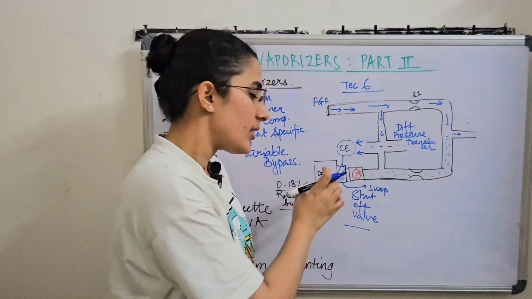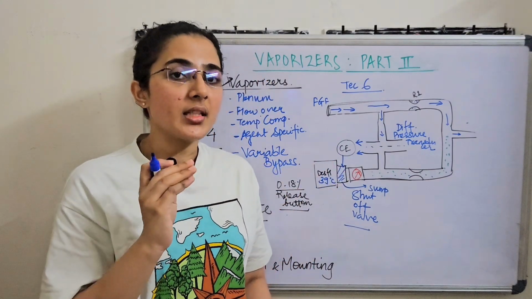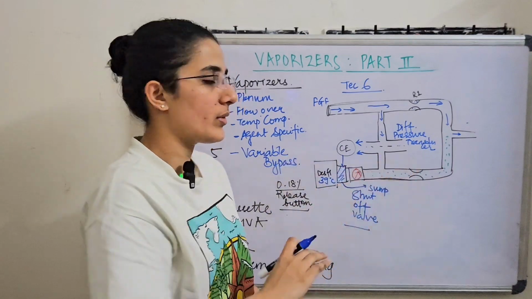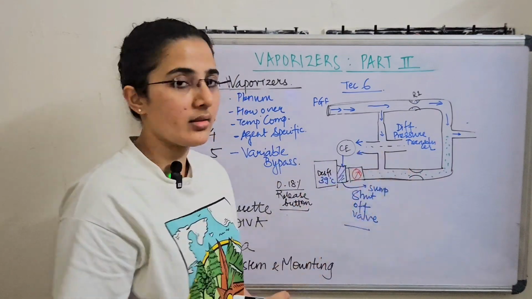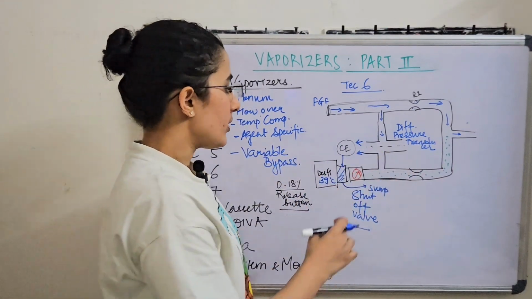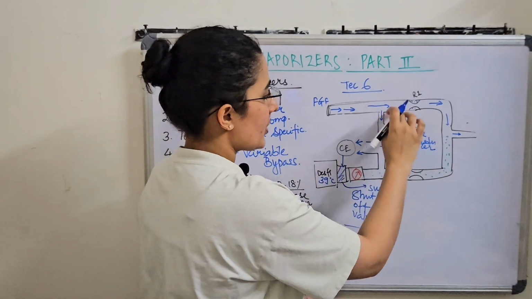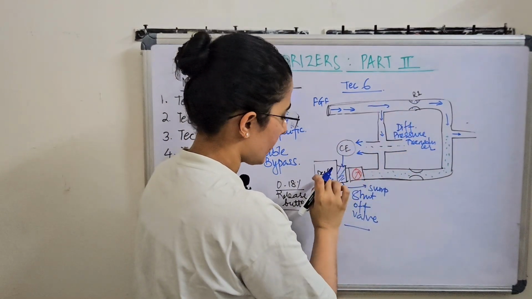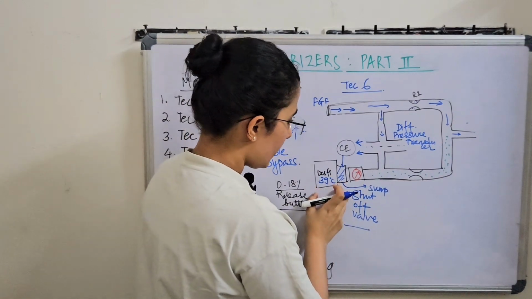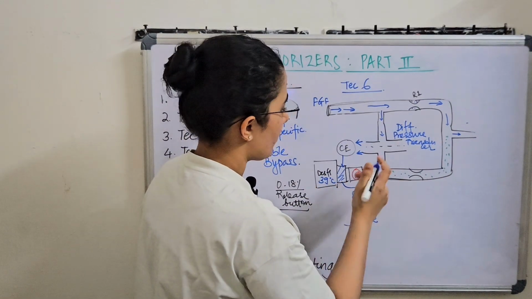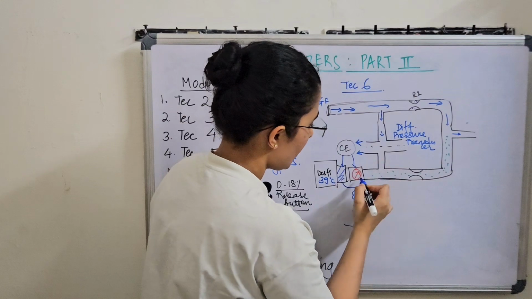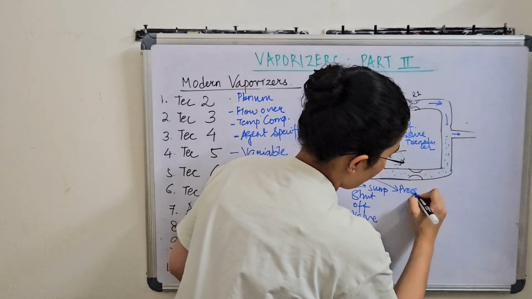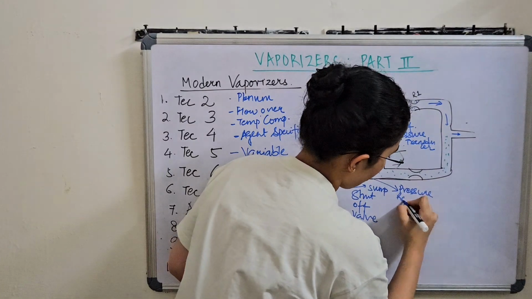Once the desflurane vaporizer gets heated, only then does the sump shut off valve open to allow the vapors to go inside the circuit. The computer electronics gives the information about the resistance, or the fresh gas flow, to the sump shut off valve, and it also gives information to this red thing which I have marked as the pressure reducing valve.